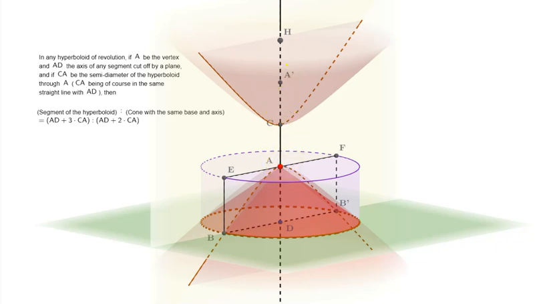Which means instead of this ratio, we can take the direct: AD plus 3CA gives us HD. So we can say HD is to A prime D.